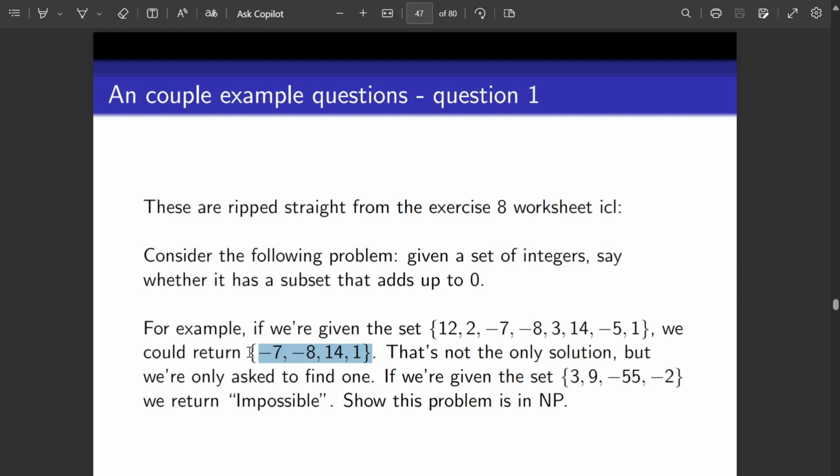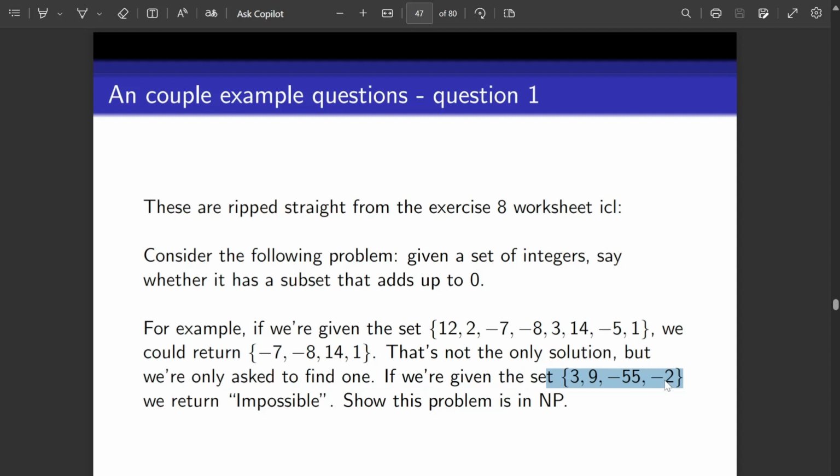I don't know what you mean by defines, but imagine there's a language that can tell whether or not a set has subsets that add up to 0. This is our property, right? And then we have words, like imagine this is just a word. The set is just a word. And we can also have this set that's another word. This word is acceptable to that property because it has a valid subset that adds up to 0.